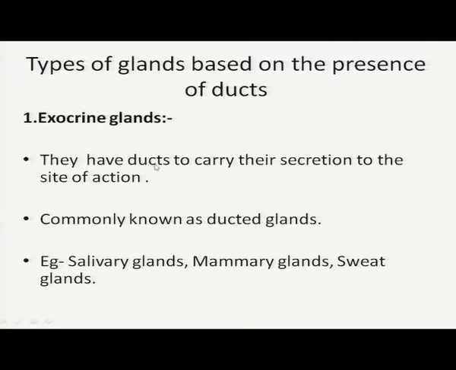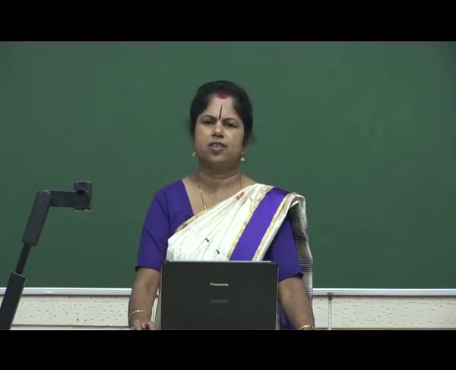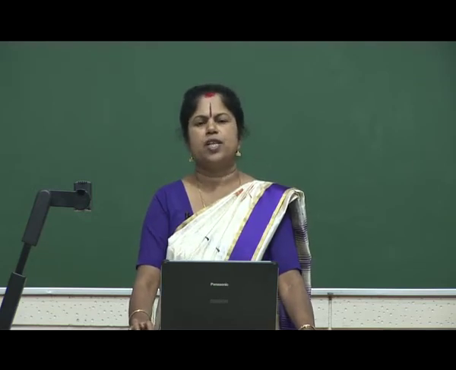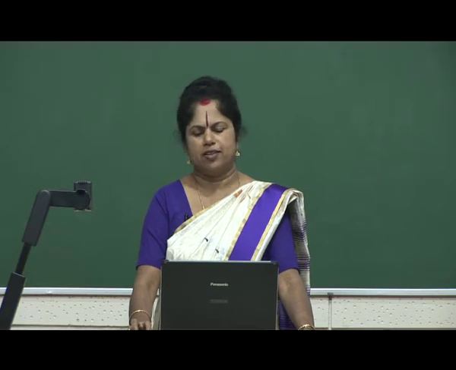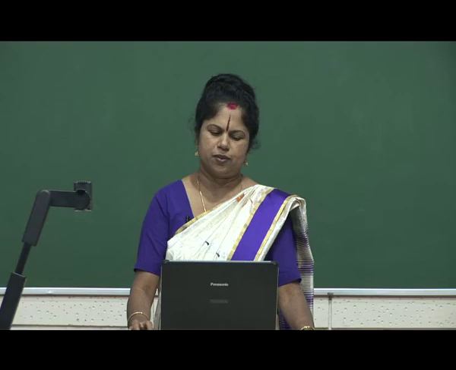They have ducts to carry their secretions to the site of action. So, it is known as exocrine glands, glands with well developed ducts to carry their secretion. They are known as ducted glands. Since they have a duct, they are called ducted glands.